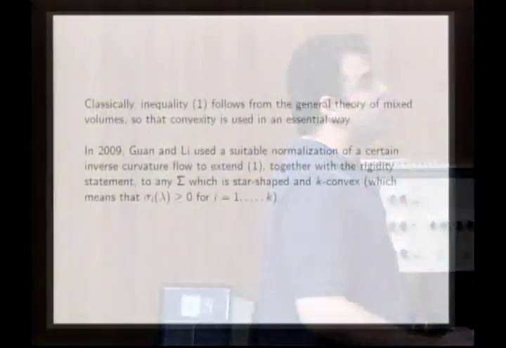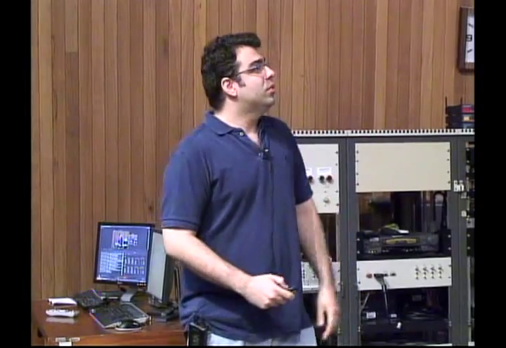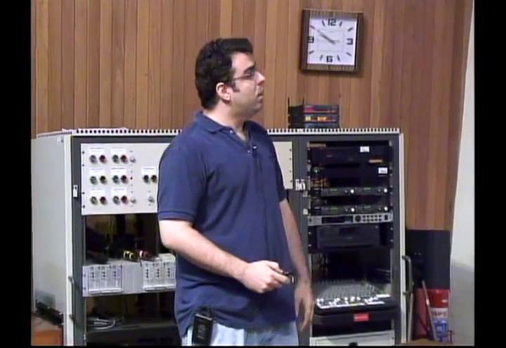They used a result of Huisken saying that on Rn, if you have a star-shaped and k-convex hypersurface, which means the sigma i are all greater than or equal to 0, then this flow exists for all time and converges to a sphere. So they were able to prove the inequalities using this flow.